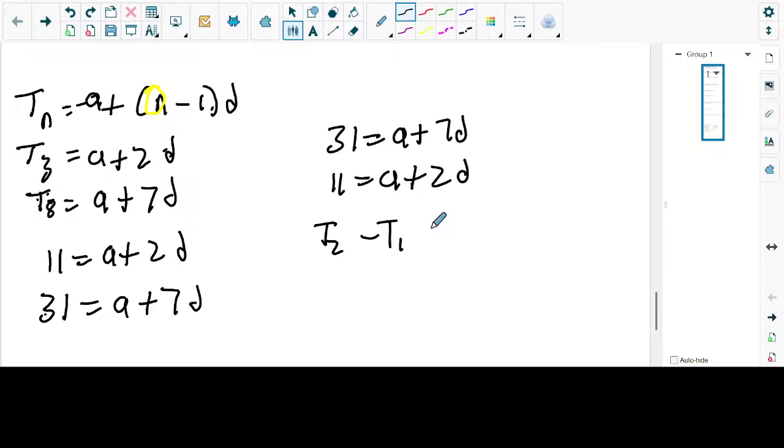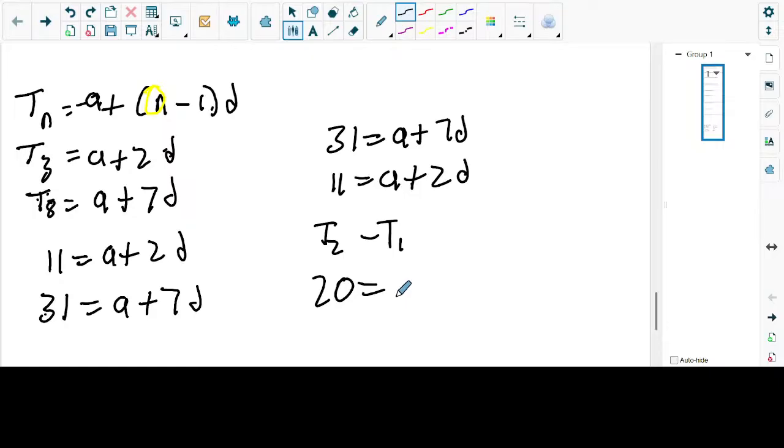If you say T2 minus term number 1, we start by saying 31 minus 11. What is 31 minus 11? 31 minus 11 is 20. So we say 20 is equal to, we just take the equal sign.